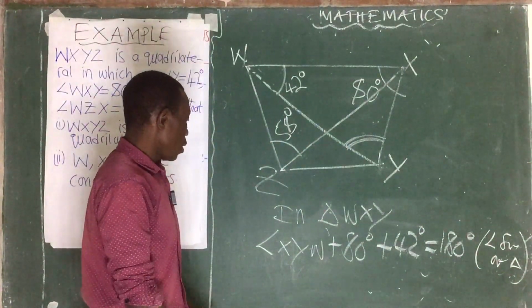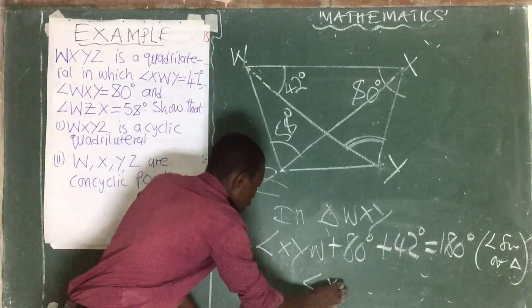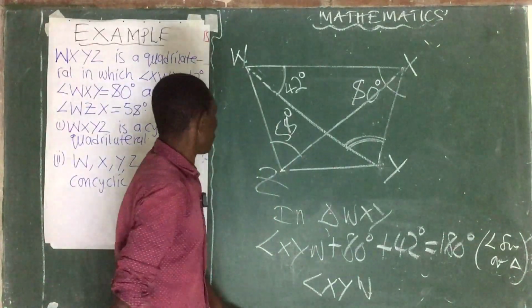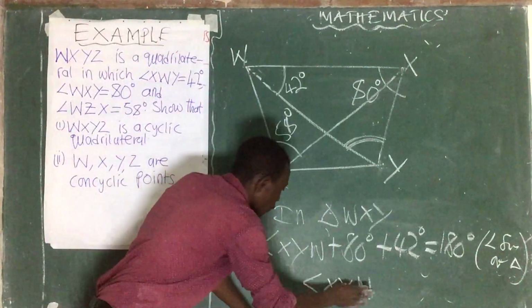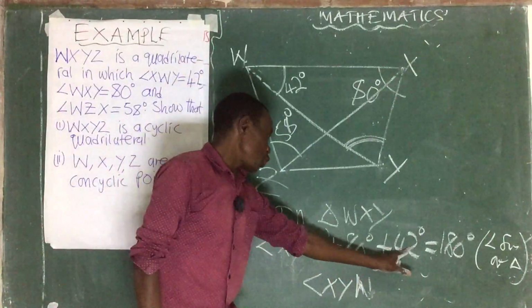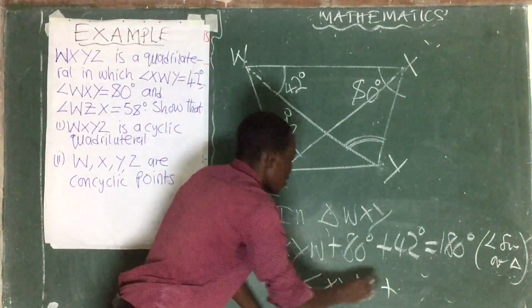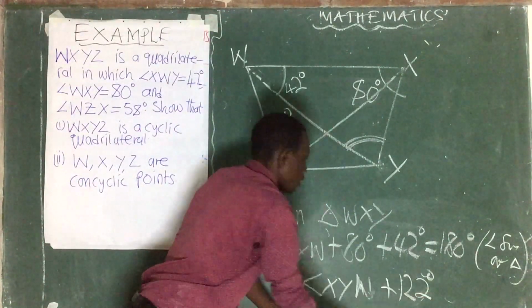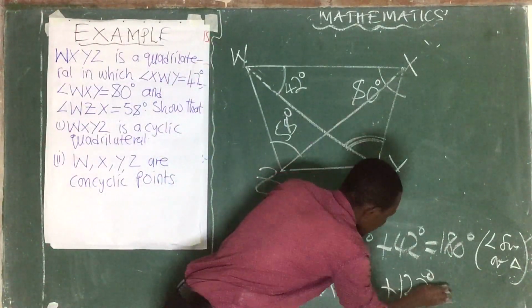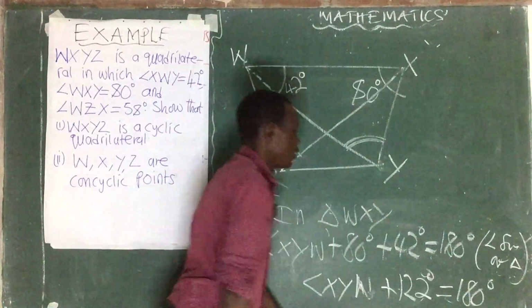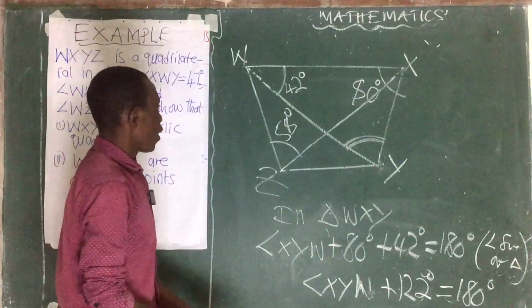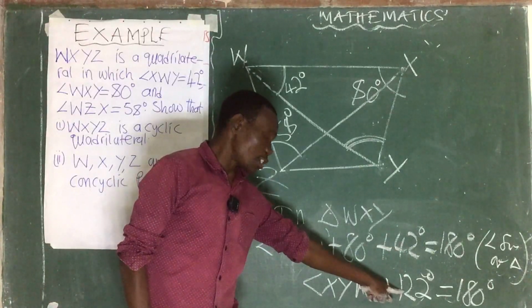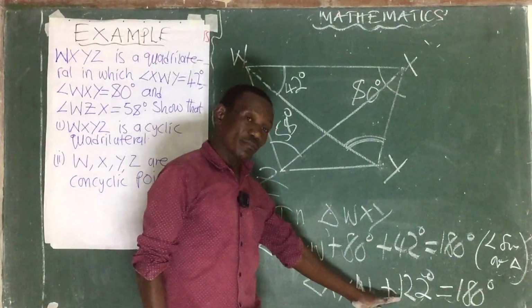Right. Now, if we take the sum over 80 and 42, that gives us 122 degrees. Having found the sum of 80 and 42, 122 degrees, we can arrange the items together.